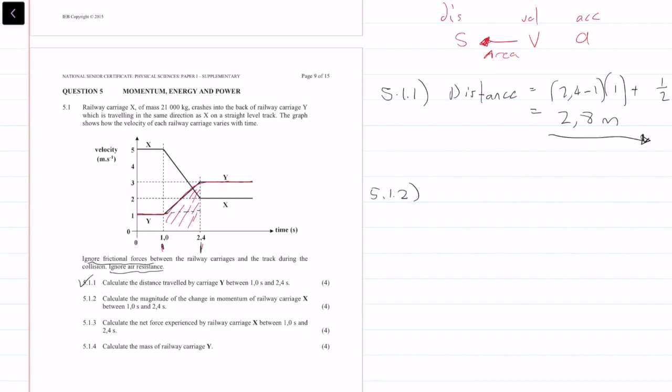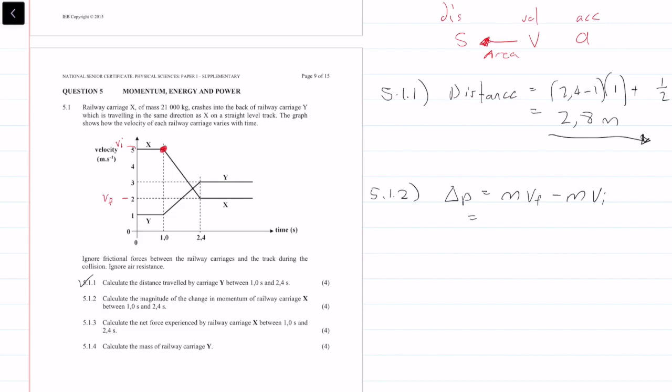So change in momentum is denoted by delta P, and it's equal to the mass times the final velocity minus the mass times the initial velocity. So at carriage X, this is going to be our VI, and then at 2.4 seconds, this is going to be our VF. And we know the mass.